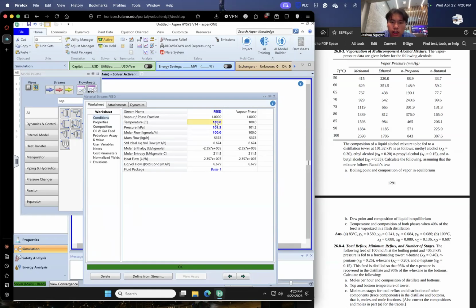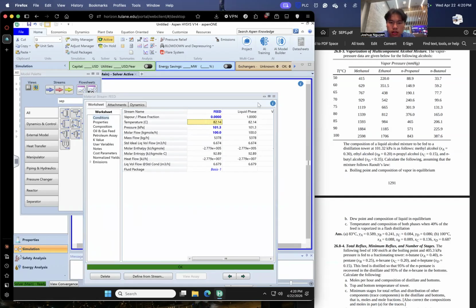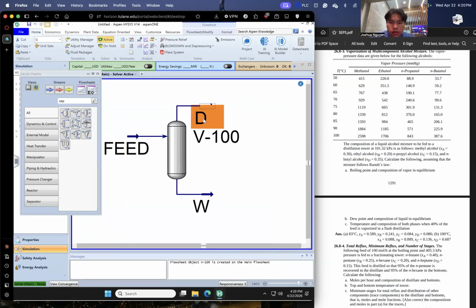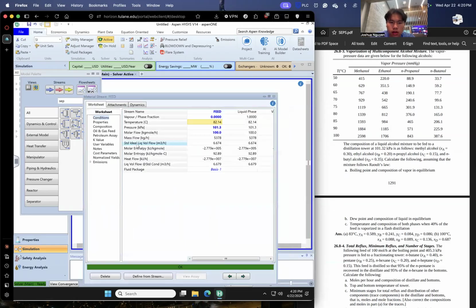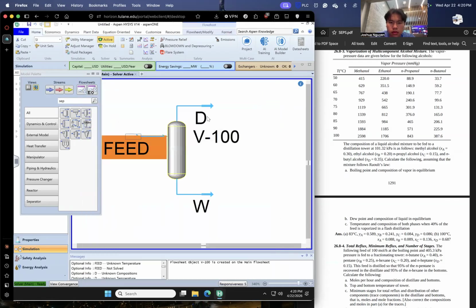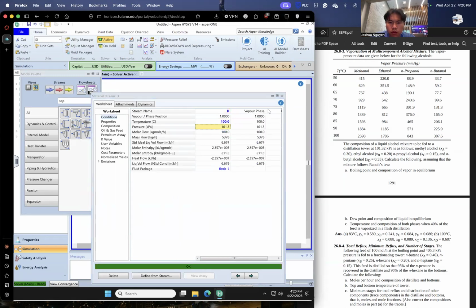So I already put in 100 arbitrarily, but I think if I do, like if this initially comes in at 0, maybe I shouldn't specify that one actually. Right.